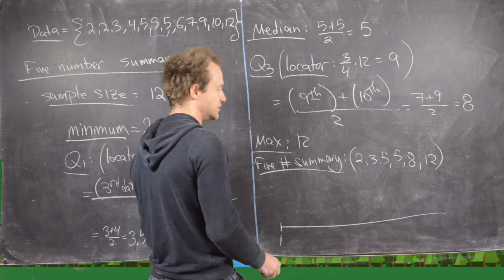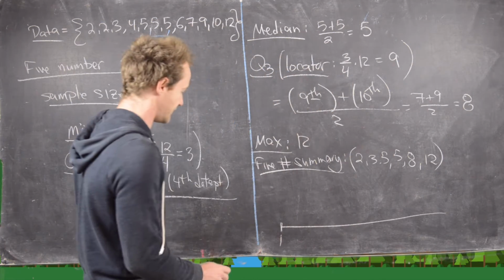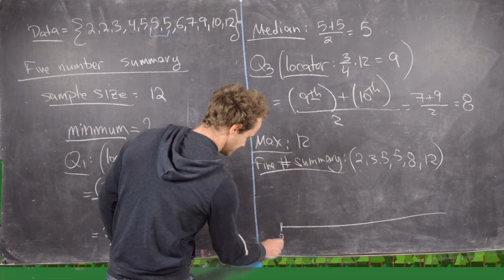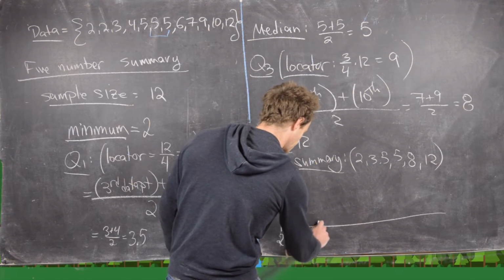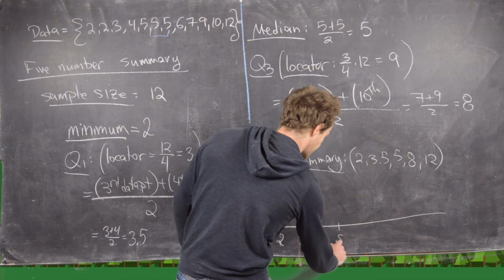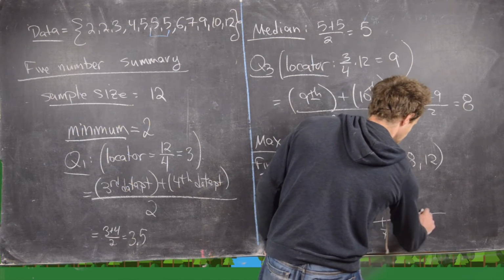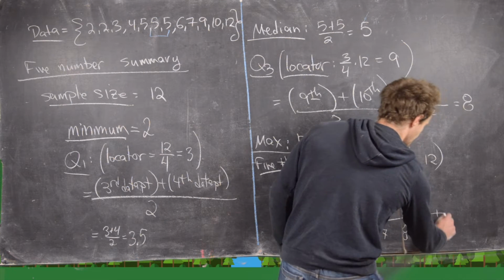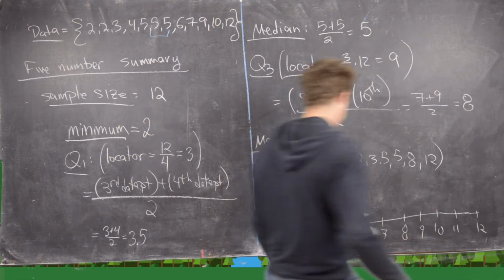So we're going to make a number line down here with all of the numbers between the minimum and the maximum. So we have 2, 3, 4, 5, 6, 7, 8, 9, 10, 11, 12.